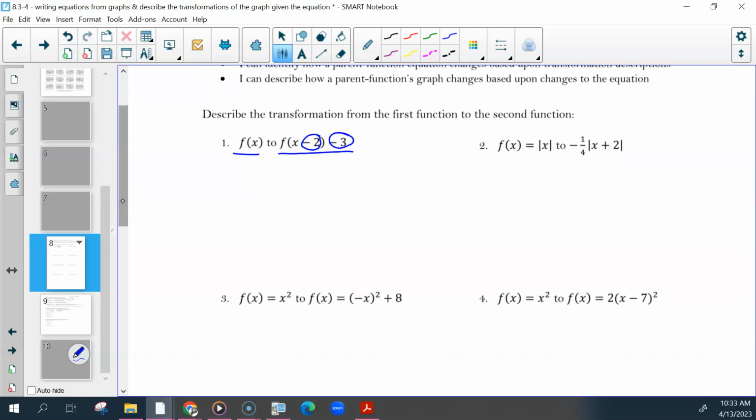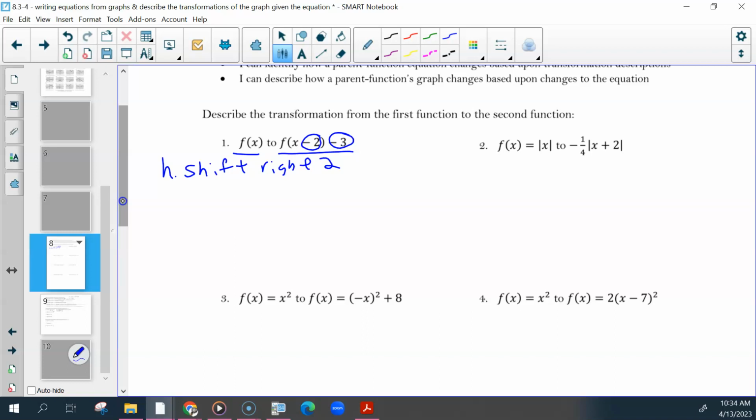So the -2 is on the inside, so that means it's a horizontal something. Anyone remember what happens when there's a number on the inside? It's a horizontal shift. And if this is -2, what direction are we going? Right, because it's opposite. Good. And we've been talking about our transformations in this shorter way of writing it.